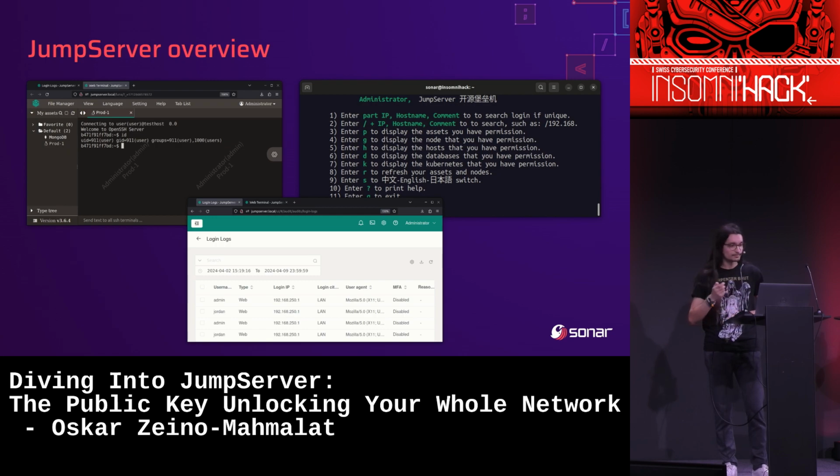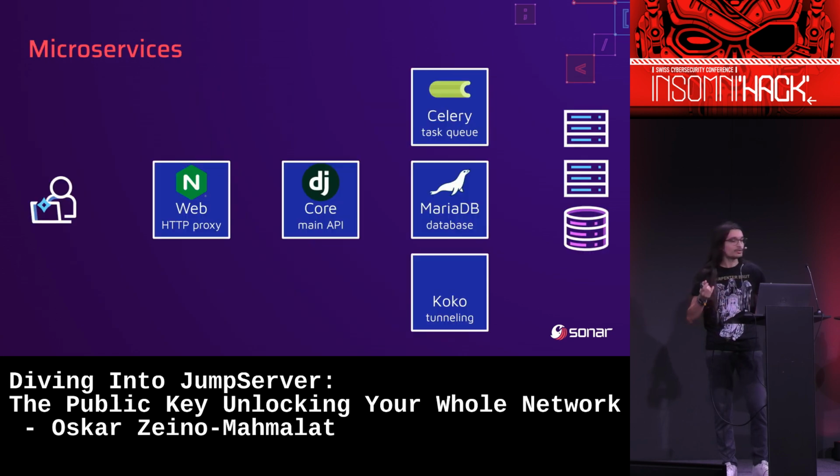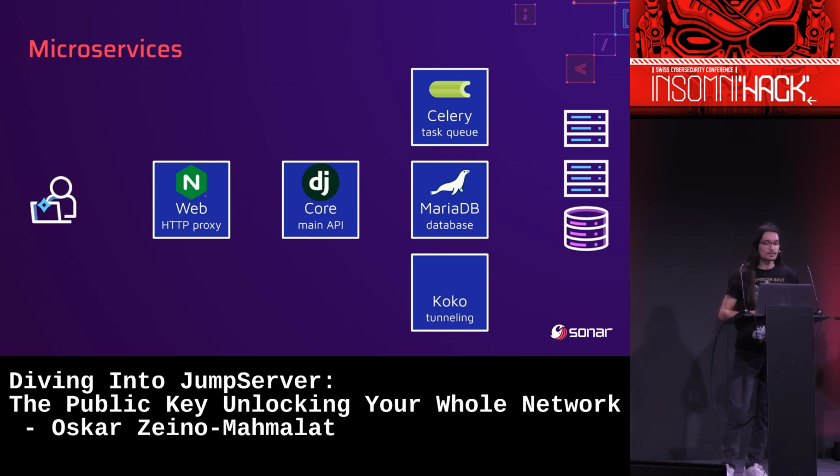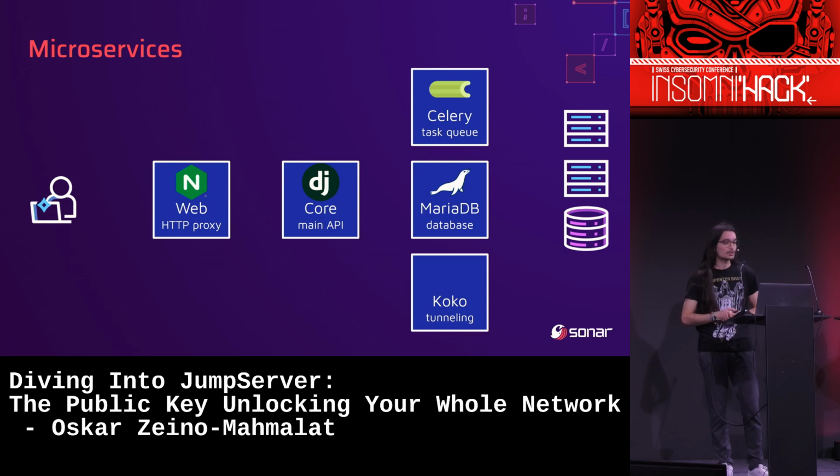Pretty cool stuff. So how is it actually built? We have a user on the left here. We have some servers and databases on the right. And JumpServer sits in the middle, but is actually made up of microservices, or concretely some Docker containers. You have all the classics like a web proxy, a database, an API of some sort, but also stuff that is specific to JumpServer.